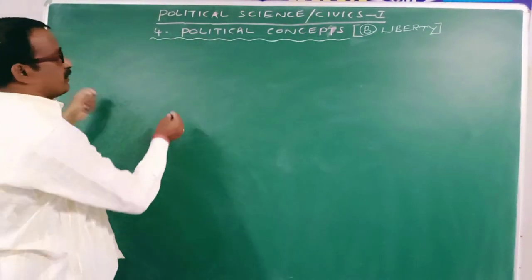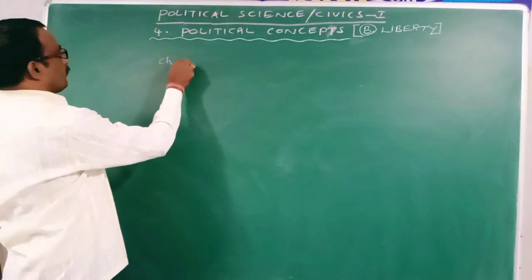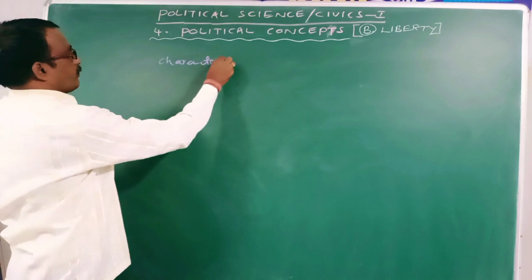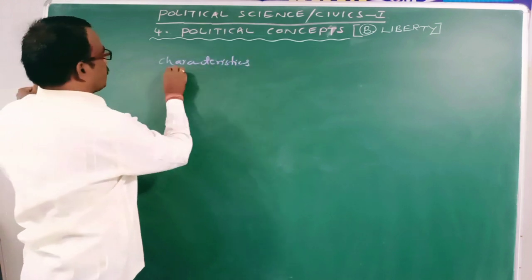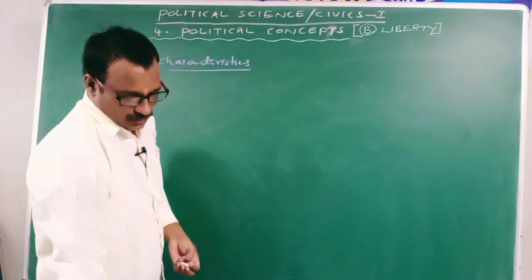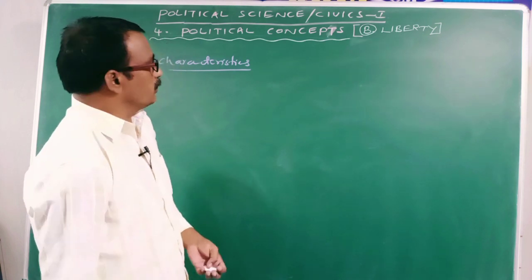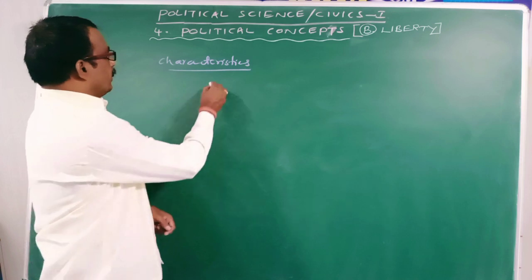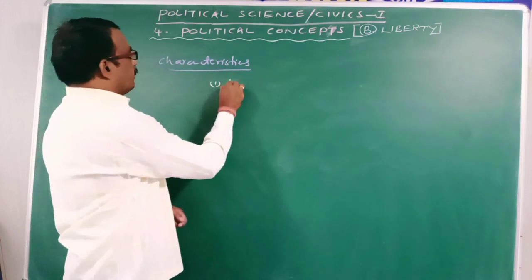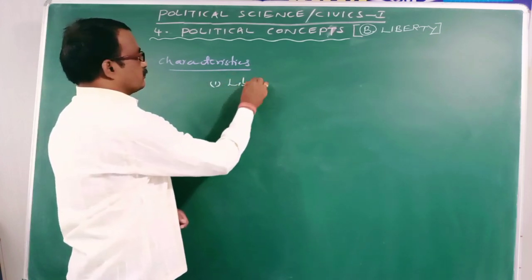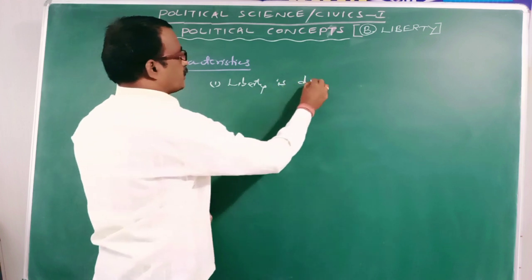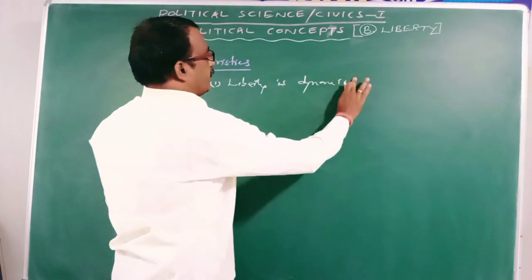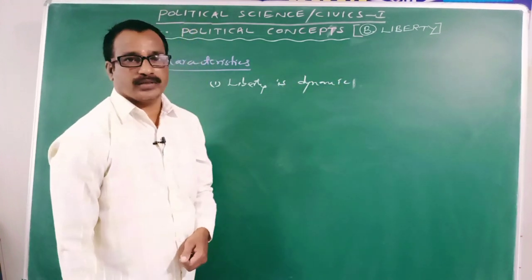Then, characteristics of liberty. Here I am giving simple features of liberty. Number one, liberty is dynamic. Why is it dynamic?